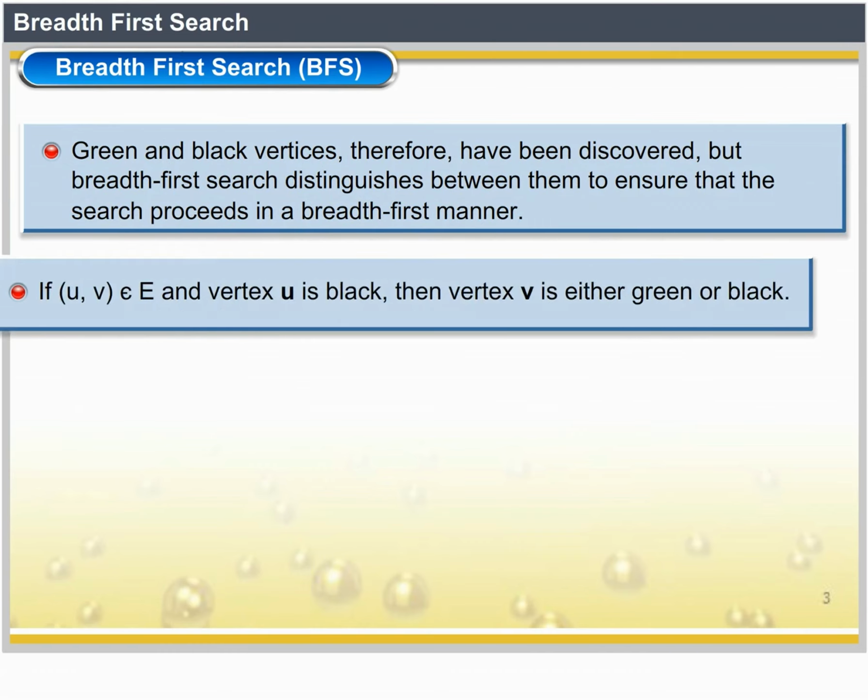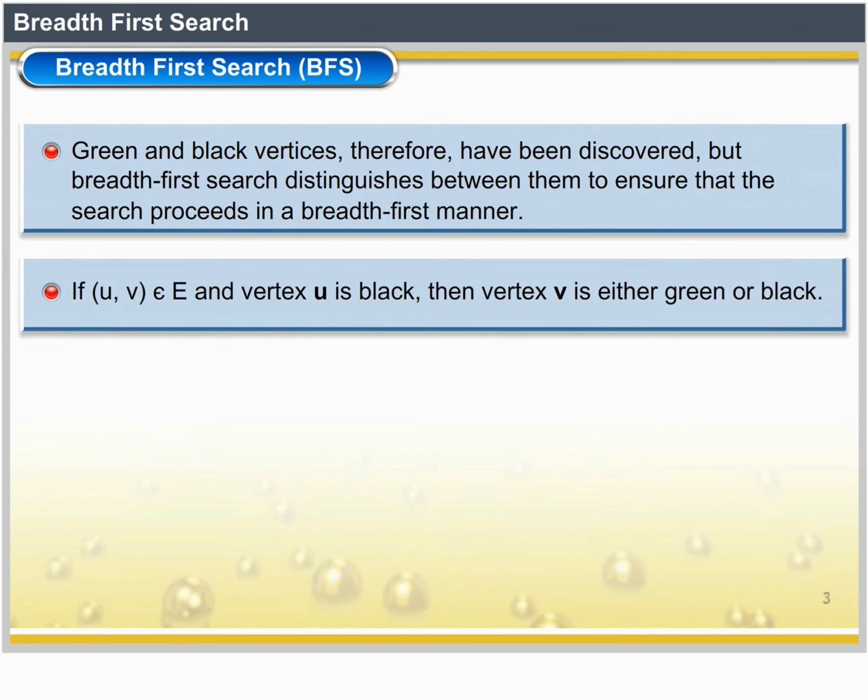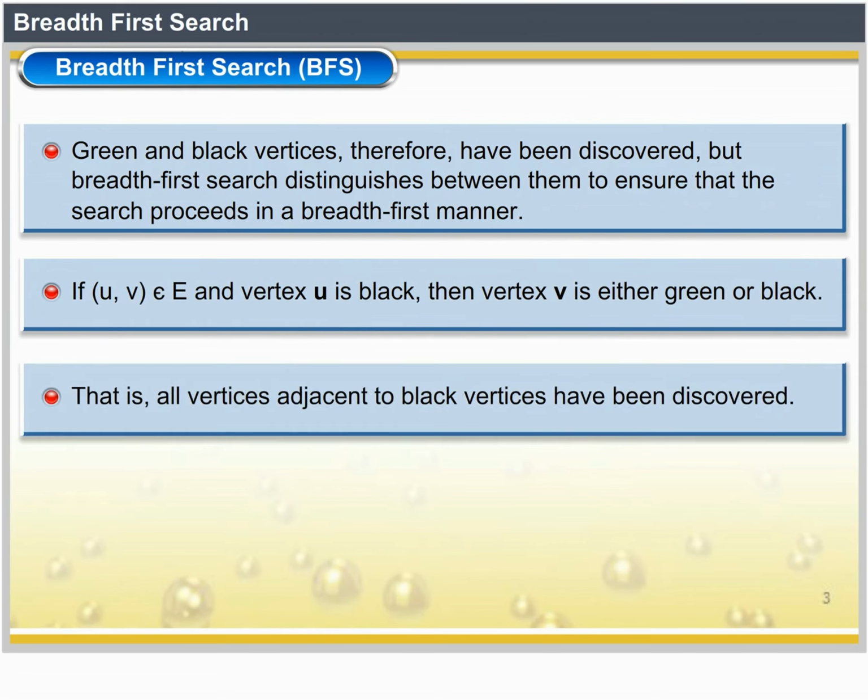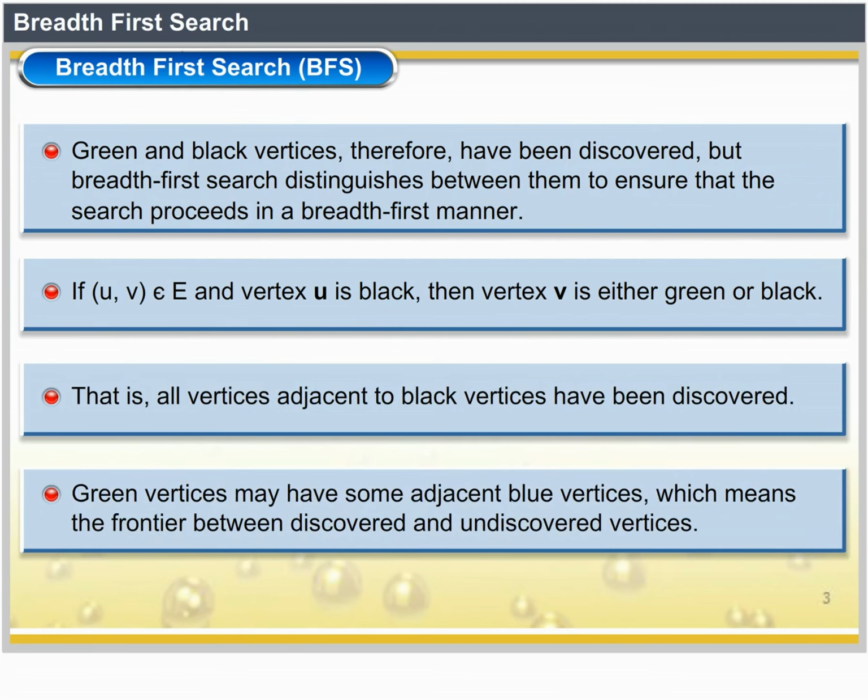If (U, V) belongs to E and vertex U is black, then vertex V is either gray or black. That is, all vertices adjacent to black vertices have been discovered. Gray vertices may have some adjacent white vertices, which means the frontier between discovered and undiscovered vertices.